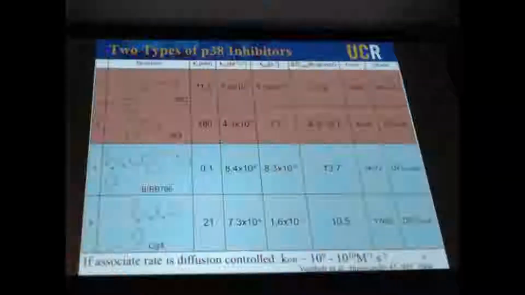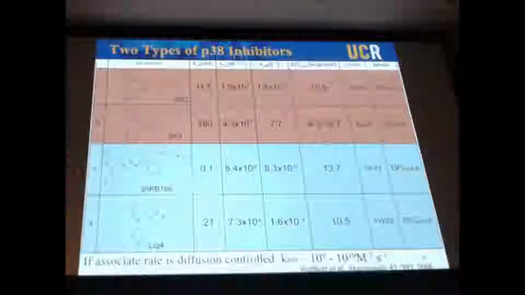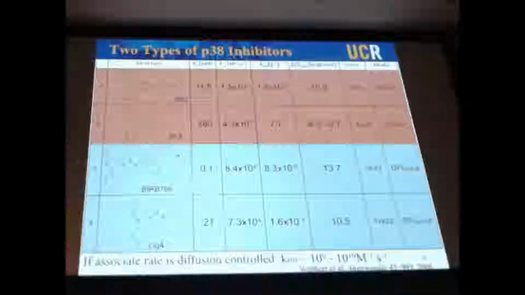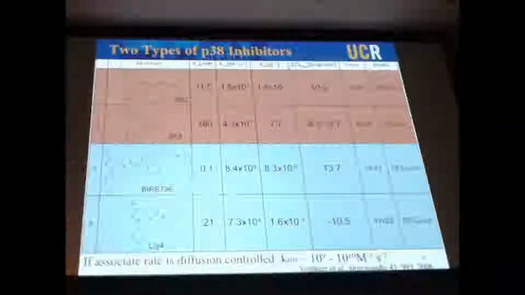For this particular system, there are interesting features from multiple groups with the kinetics data. This top one is an example of type 1 inhibitors, which bind the DFG-in conformation after we get the crystal structure, and this is an example of a type 2 inhibitor binding DFG-out. If you look at the binding kinetics, kon and koff, they are very different.